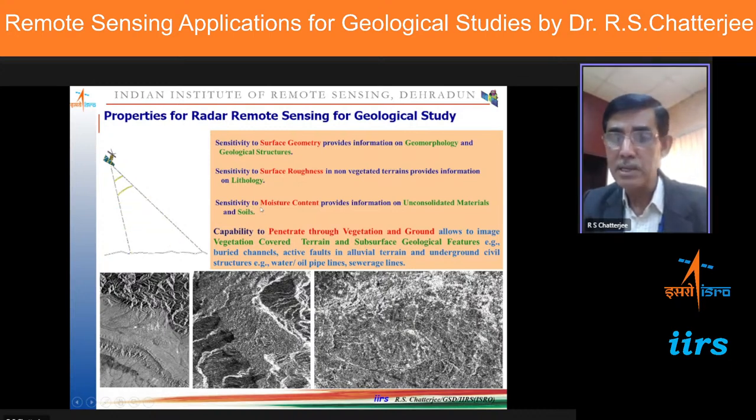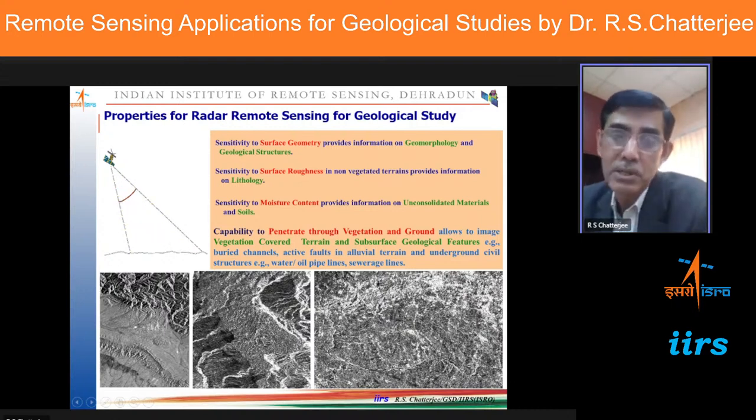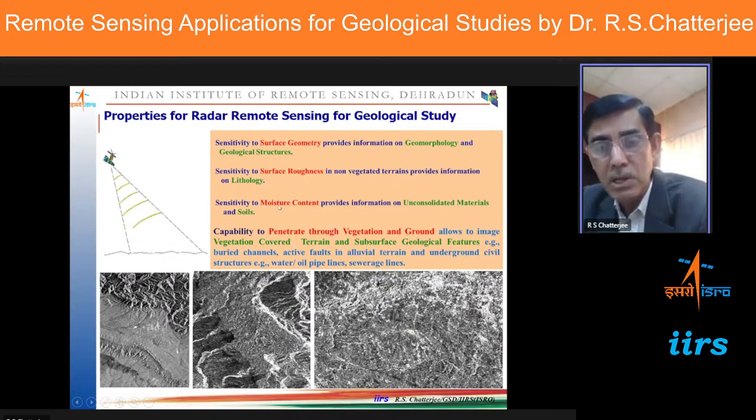Again, it is very sensitive to dielectric property. The radar is colorblind. So in the radar image, you won't be able to see the color of the object. But it is sensitive to the electrical property of the material, rather the dielectric property. And dielectric property is nothing but the free H2O molecule in the material, or moisture content in the material.